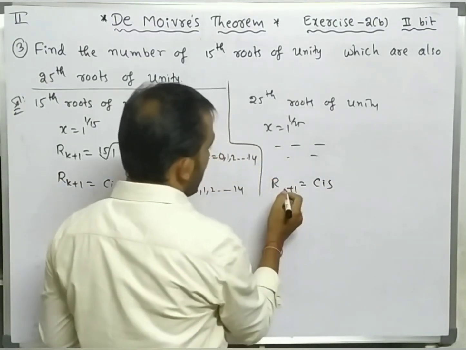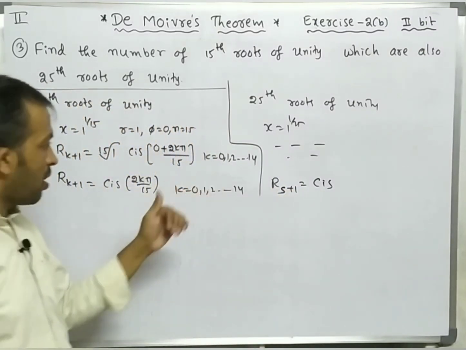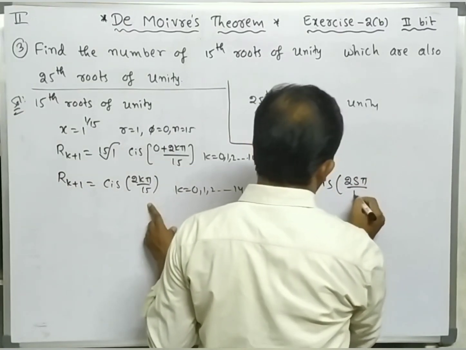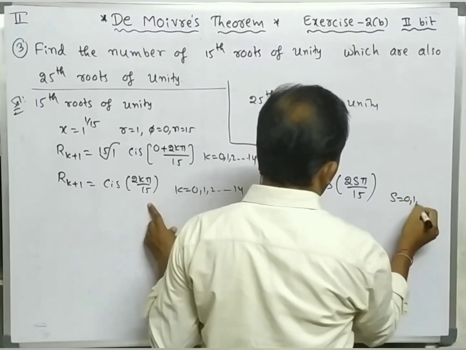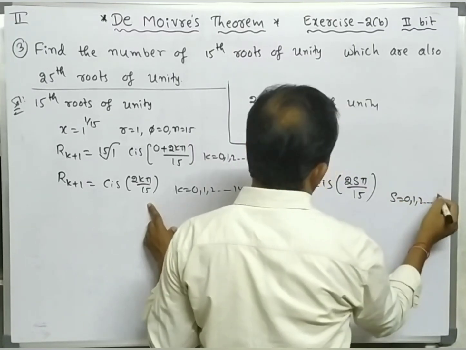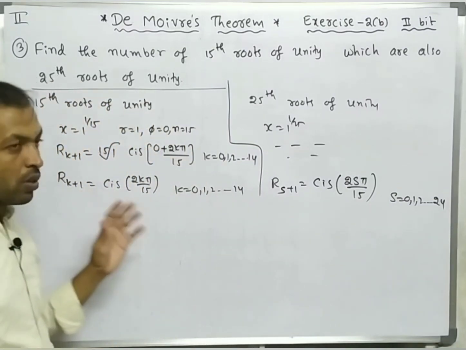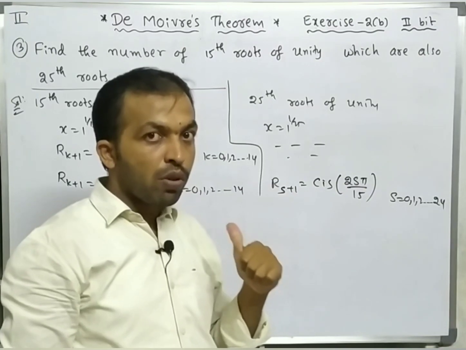Here we will take another number, that is r_s plus 1. Okay, here r_k plus 1, here r_s plus 1, that is cis of 2s pi by 25, where s is equal to 0, 1, 2 and so on. 25th roots of unity means we will get up to 24. Okay, now the question is common roots. How many common roots are there?